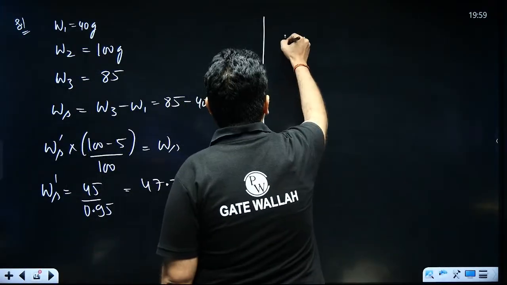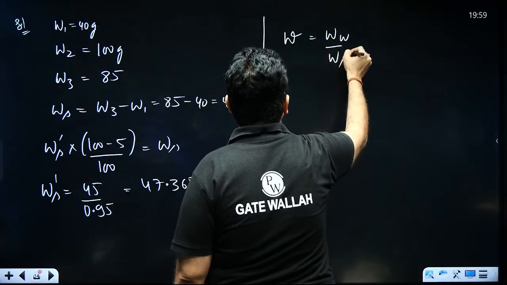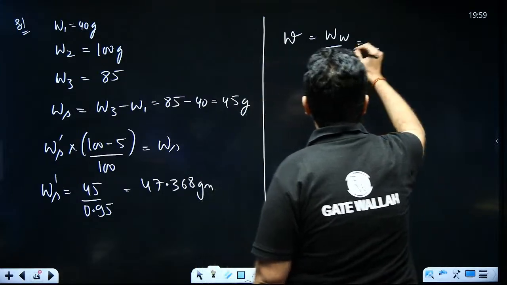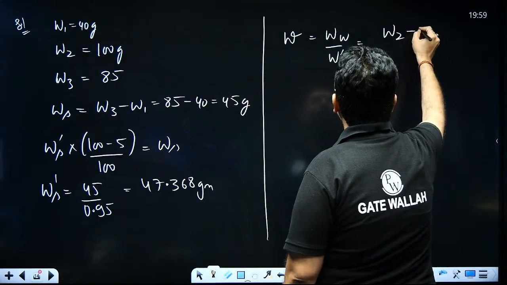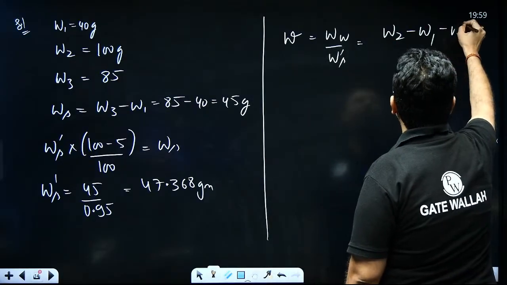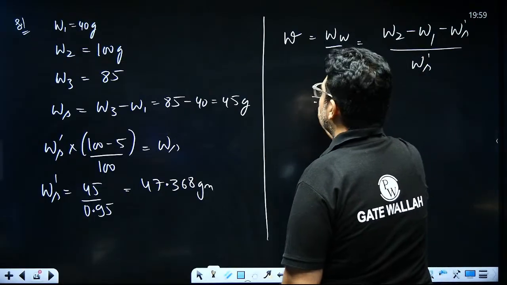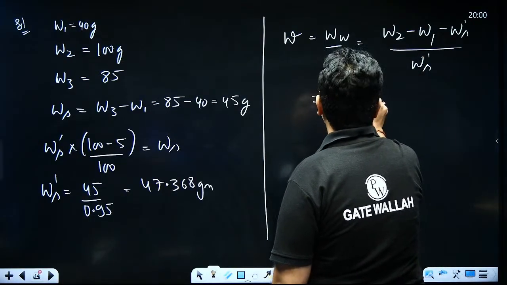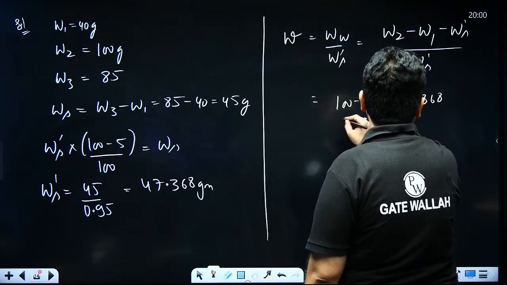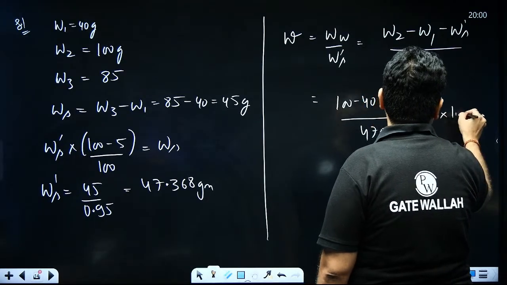Now water content is equal to the weight of water by weight of solids dash. Weight of water is W2 minus W1 minus WS dash, this time upon WS dash. That is (W2 minus W1 minus 47.368) upon 47.368, into 100%.